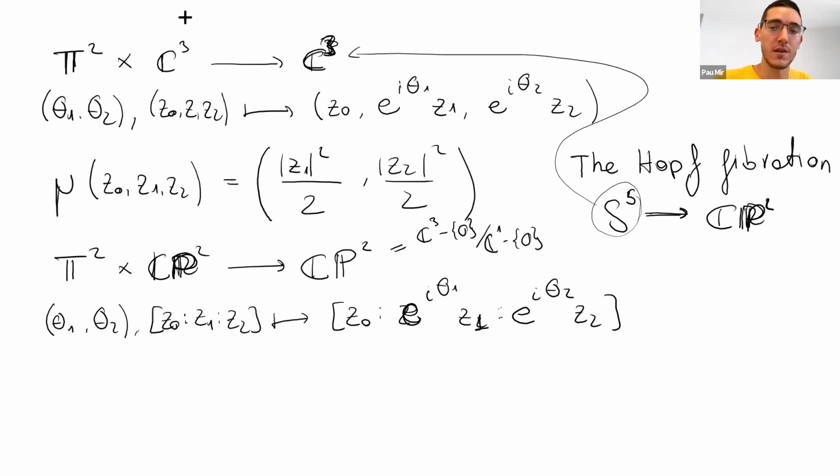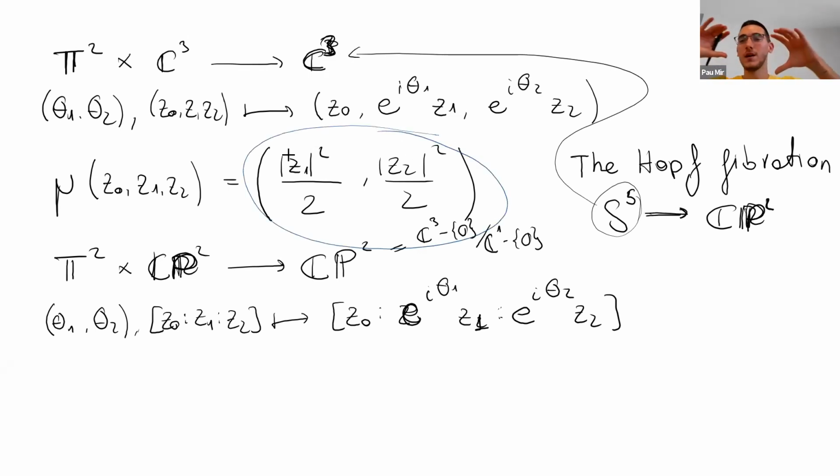I will circle it in blue, and somewhat normalize it to obtain the following moment map for the case of CP2 in homogeneous coordinates.